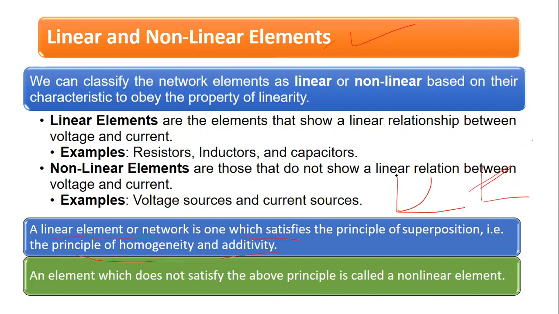So there would be a non-linear behavior between voltage and current. So all those elements whose behavior is non-linear, which category will they come under? Non-linear elements category, right? So we have the sources and all that. They come under the category of non-linear elements, right?